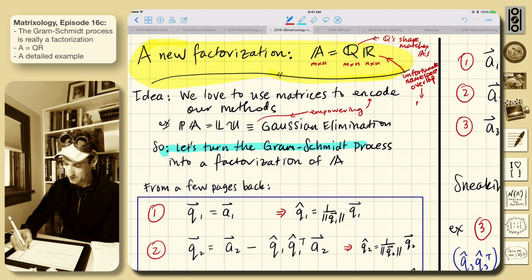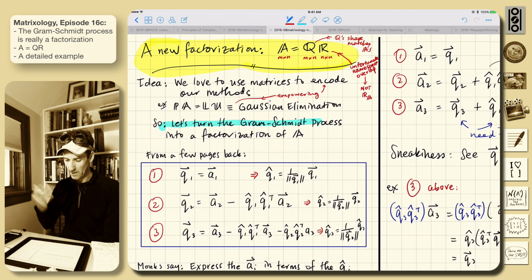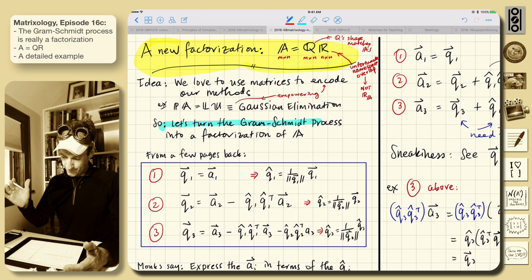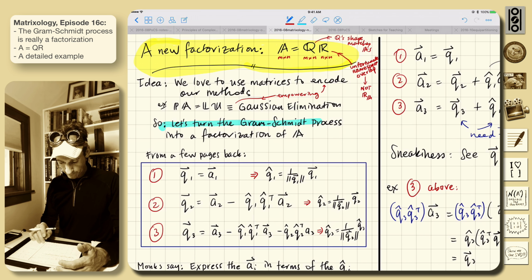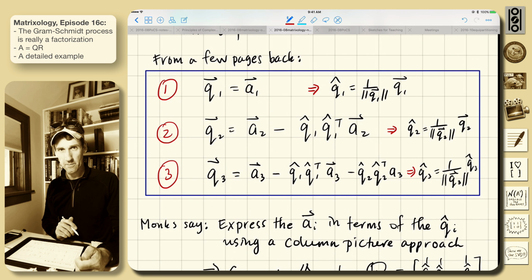This is not reduced row echelon form sub A, so I guess I've introduced this subscript of the matrix for which we're computing the reduced row echelon form. Maybe that helps.